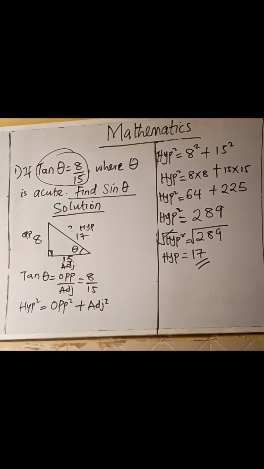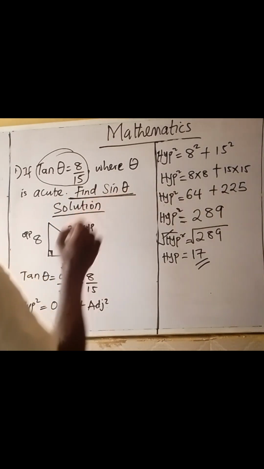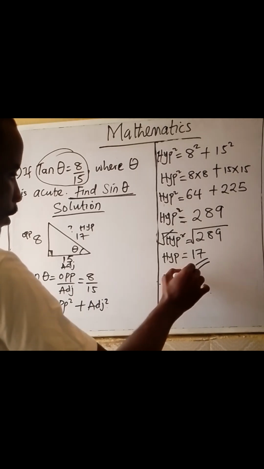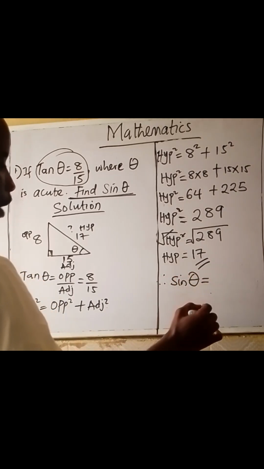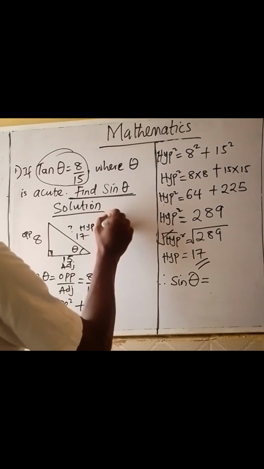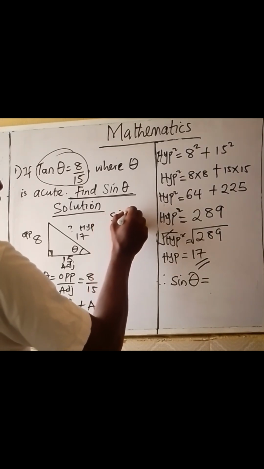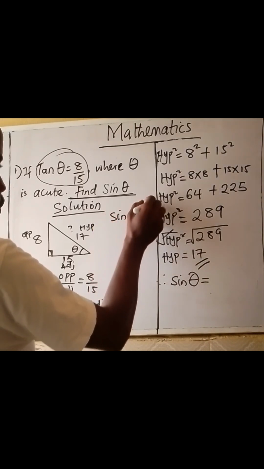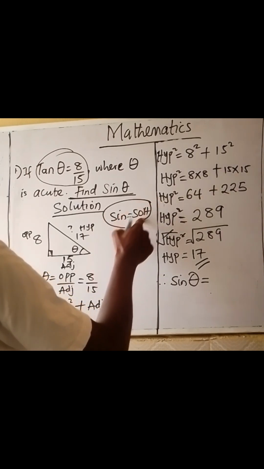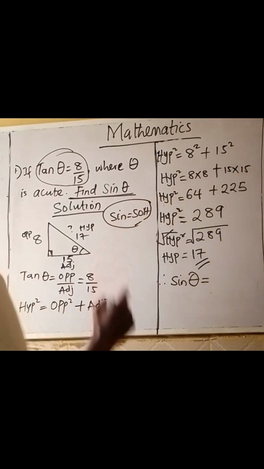Remember, the question said find sin theta. So what is sin theta? Sine means soh, which is opposite over hypotenuse.